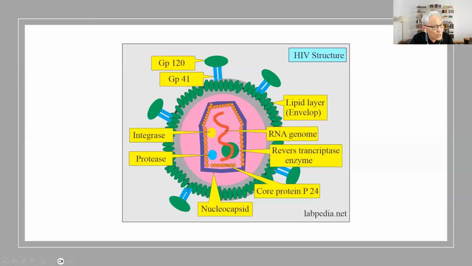So as you could see, there are many spikes. See the spikes right over here? These spikes are going to be very important. These spikes are proteins called GP120, which are connected to GP41 right over here. Okay, so that's GP120, and this is GP41.